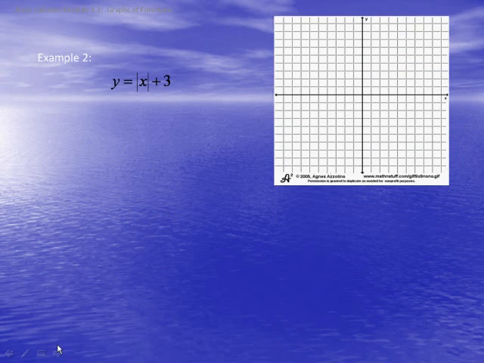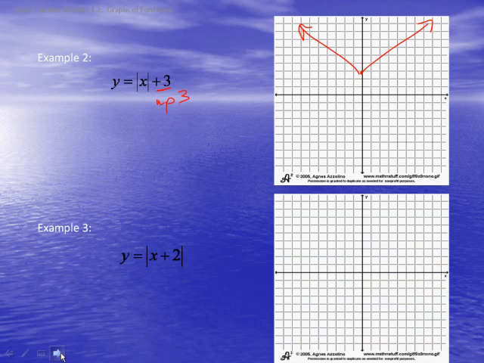In our second example, notice that we're going to have a vertical shift because this 3 is on the outside. So this is going to shift vertically up 3. So it's going to look just like a V, except now our vertex is going to be up here. So notice we just simply moved it up 3. In our next example, notice that the number here is inside the function.